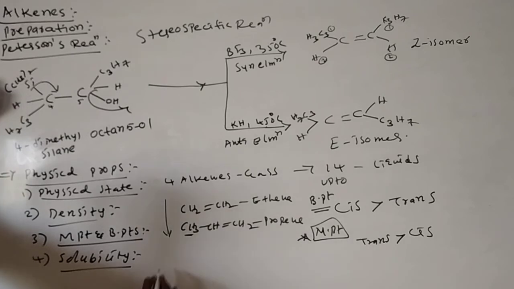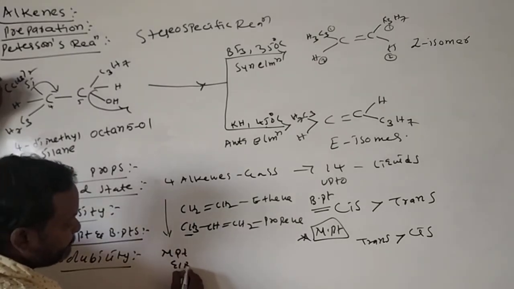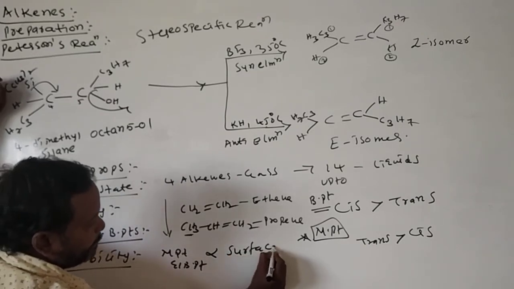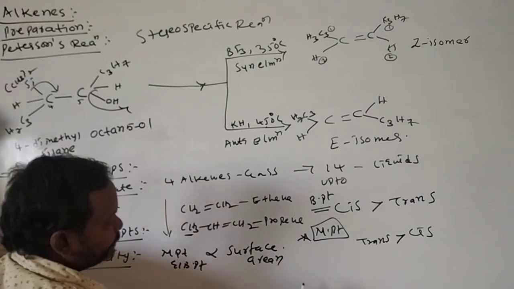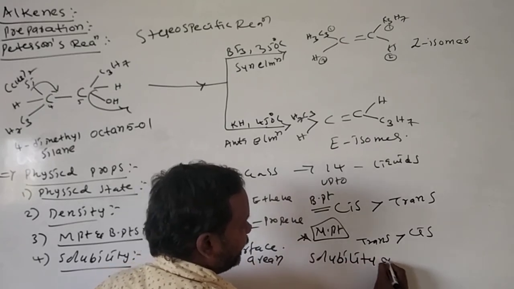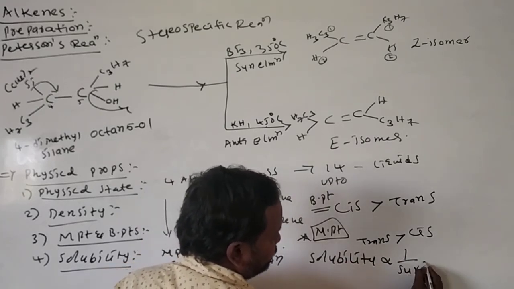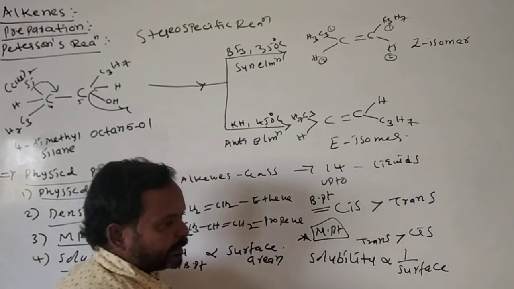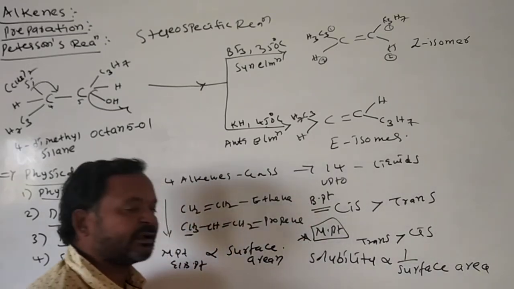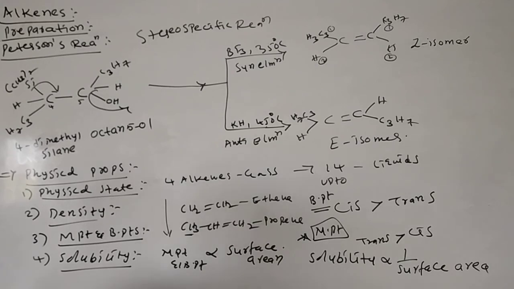Already I explained melting points and boiling points: they are directly proportional to the surface area of the molecule. Solubility, whether in polar or non-polar solvents, is inversely proportional to the surface area. More surface area means less solubility and higher boiling and melting points. This is about the solubility, melting point, boiling point, density, and physical state of alkenes.